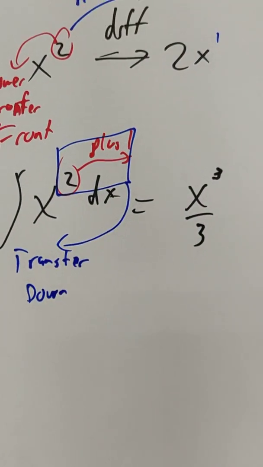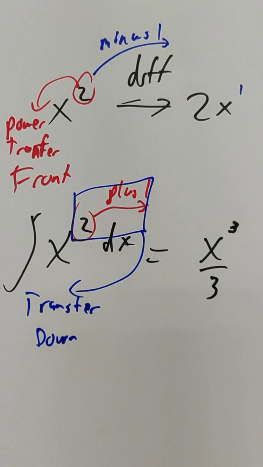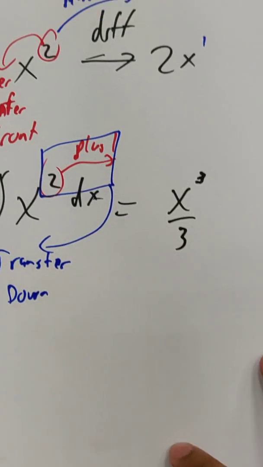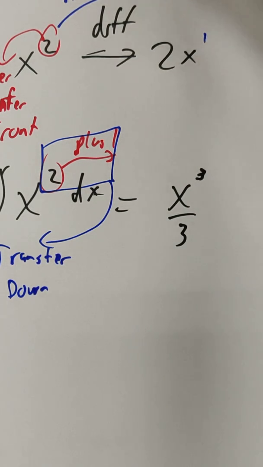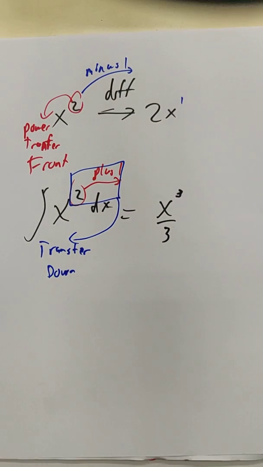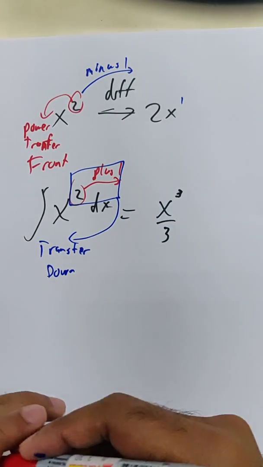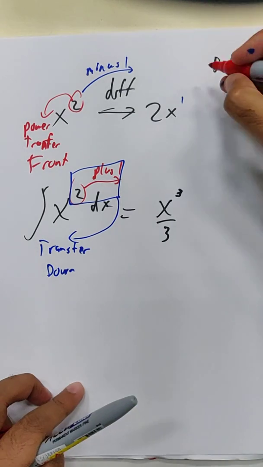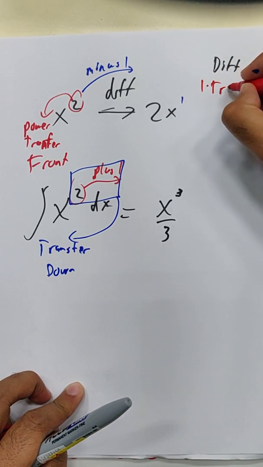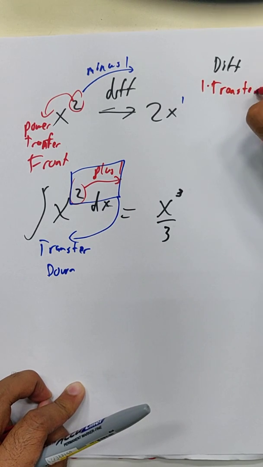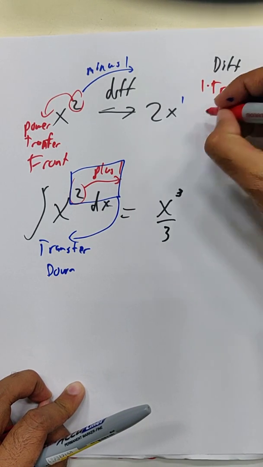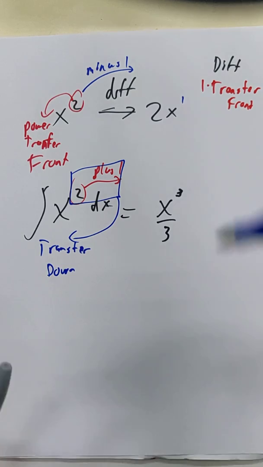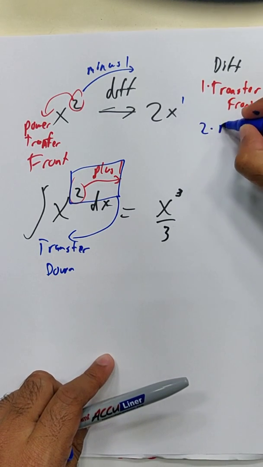Can you see them? I want you to know the steps correctly. What do I mean by that? Differentiation: firstly, you transfer the power to the front, and second, you minus 1.